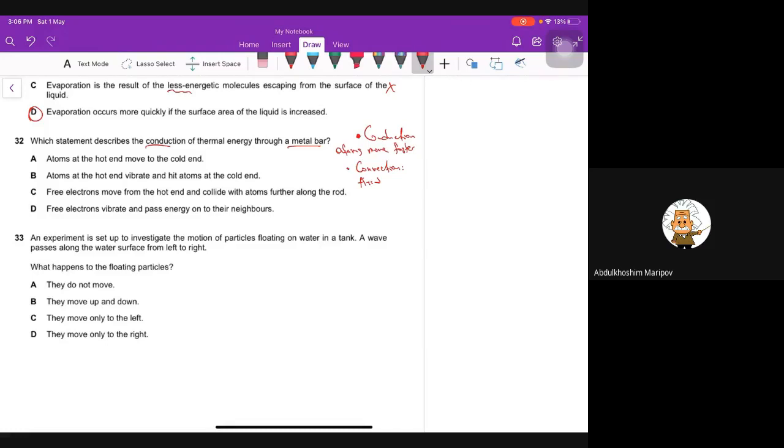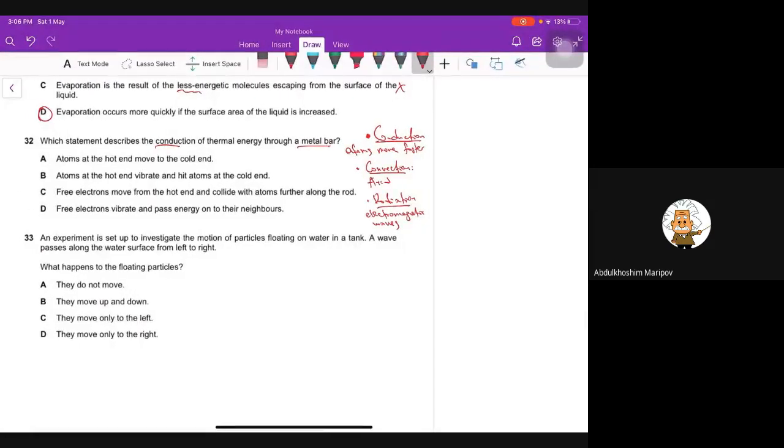And radiation is by means of electromagnetic waves.